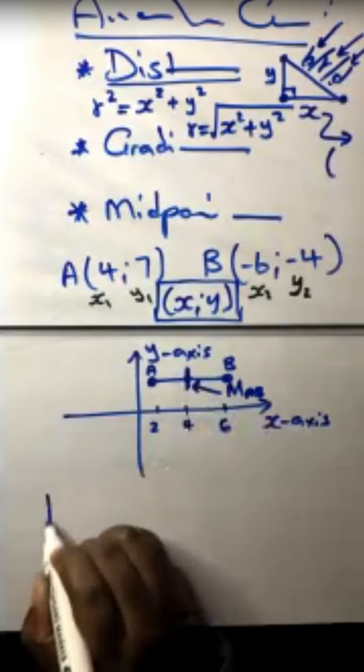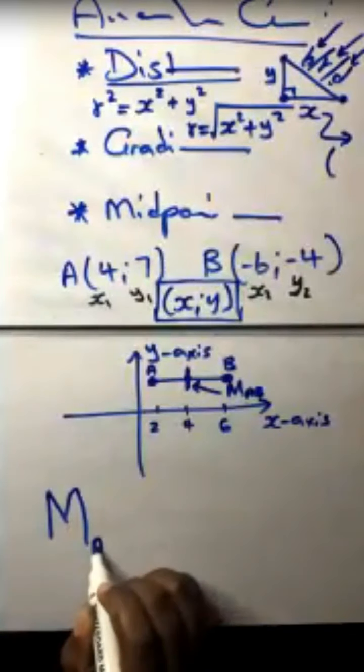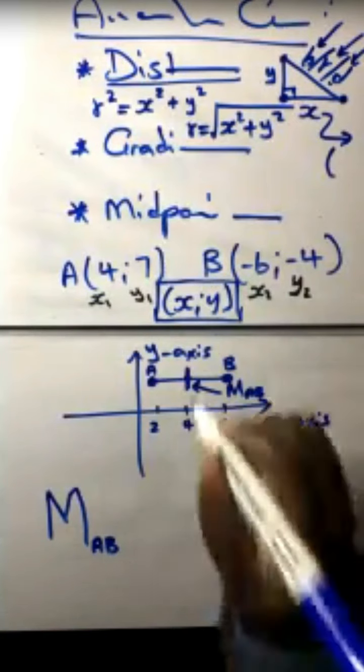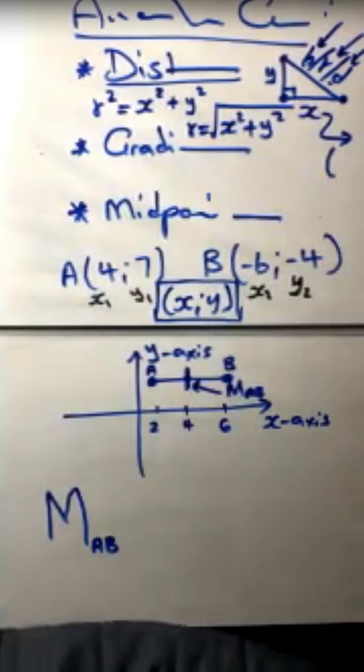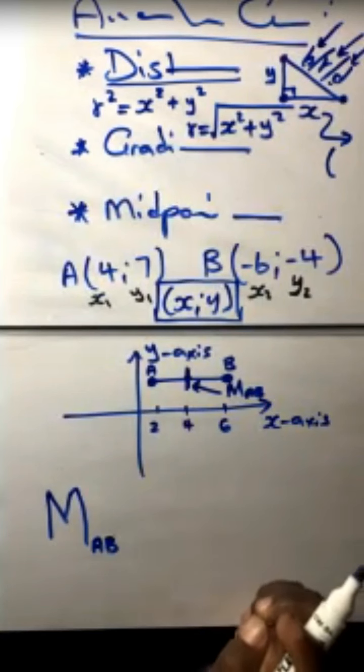That point over there is the midpoint of point A and B. So what is the value of the midpoint of point A and point B?